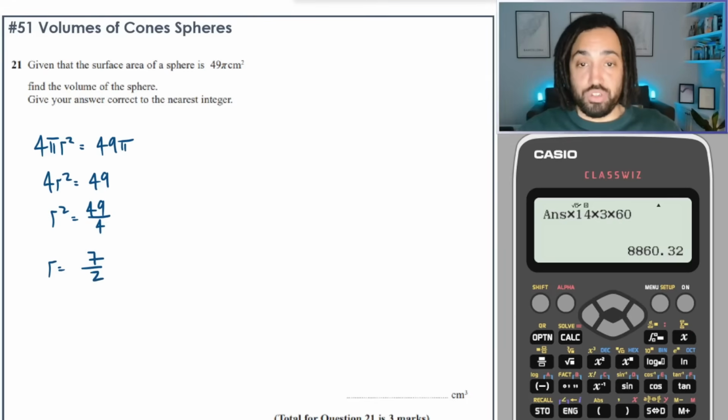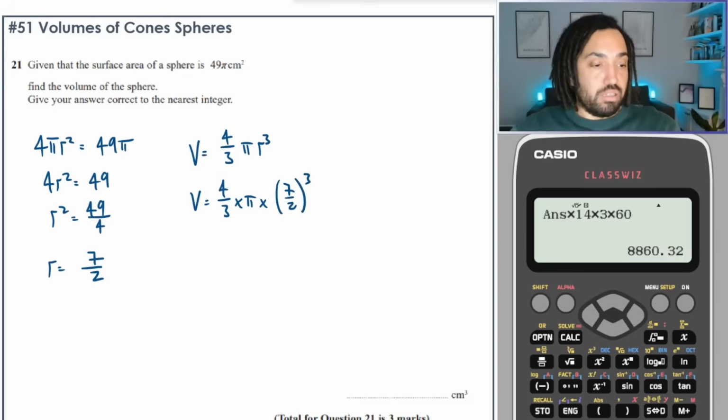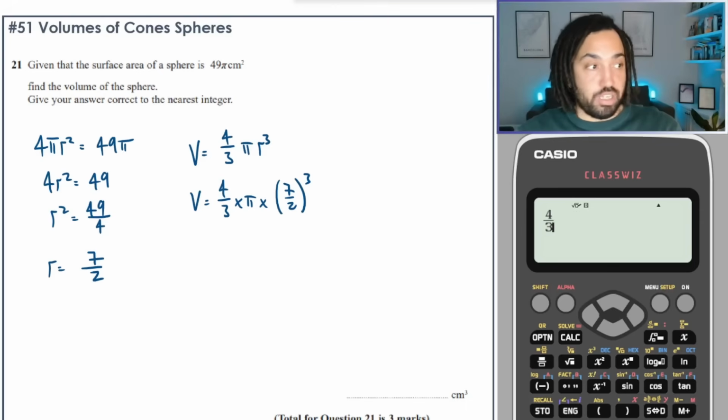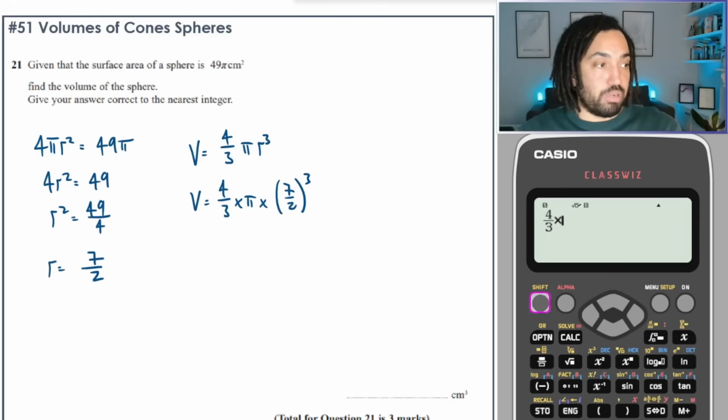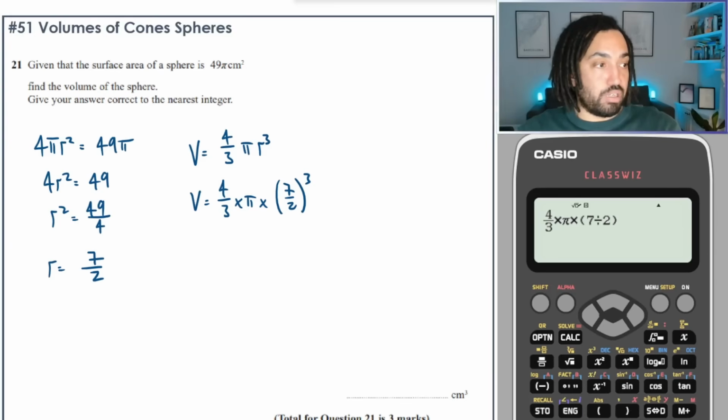And now it says find the volume of the sphere. Well, again, you're given this formula. It's 4/3 pi r cubed. So this is 4/3 times pi times by 7/2 cubed. Okay, so to the calculator, and we will type in 4/3 times by pi times by 7/2 cubed.